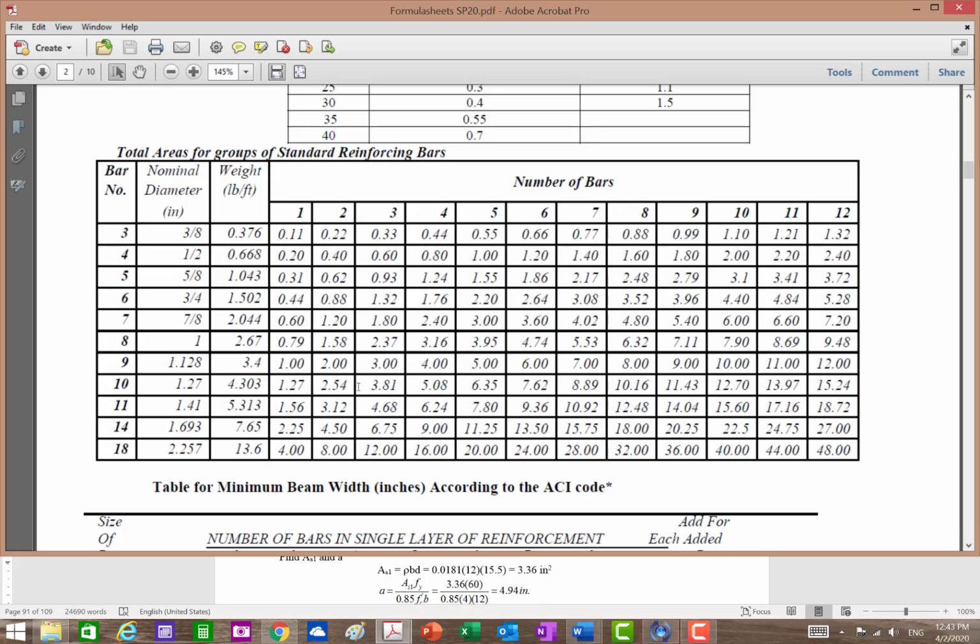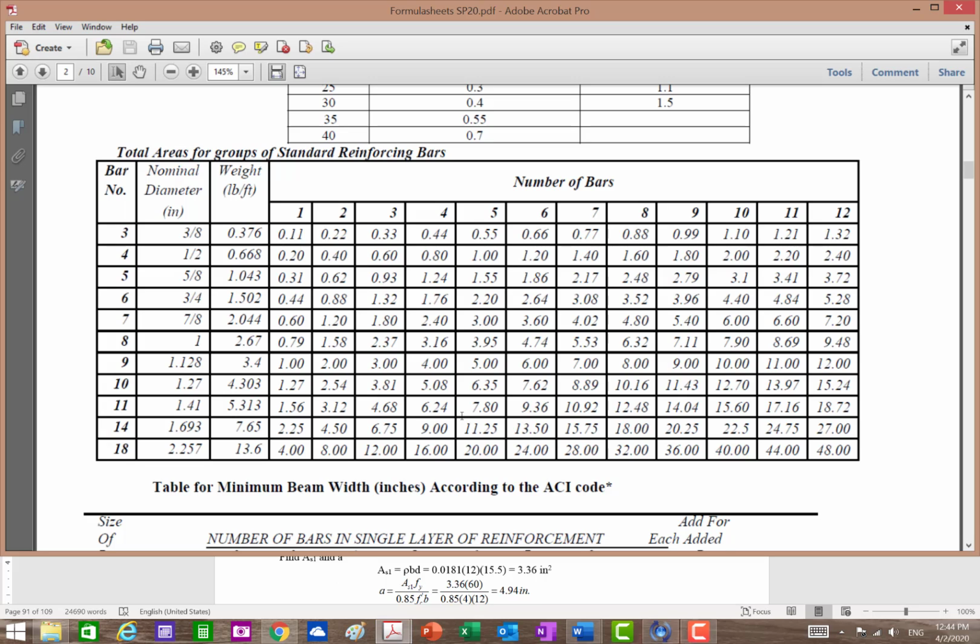So that's a possibility. If I do that, I would say do 3 number 10s and 2 number 9s. So that way you put the 3 number 10s on the first layer and the 2 number 9s on the second layer. Okay? And so that reduces your area of steel.